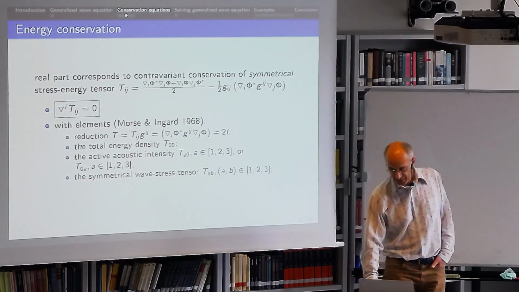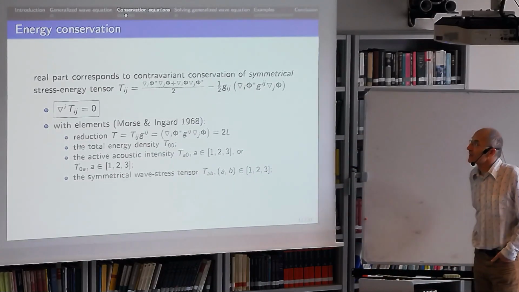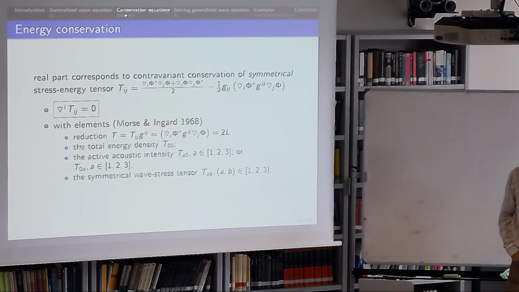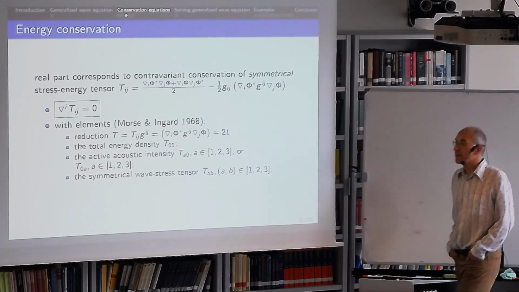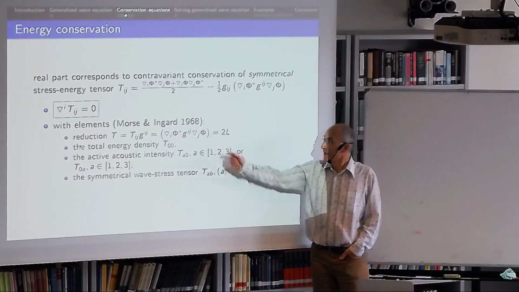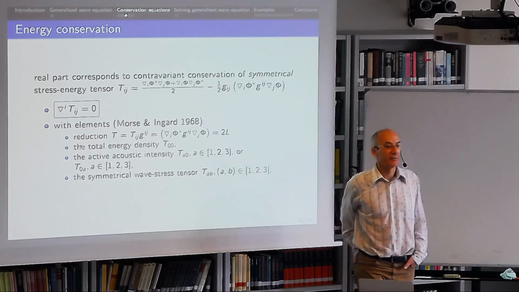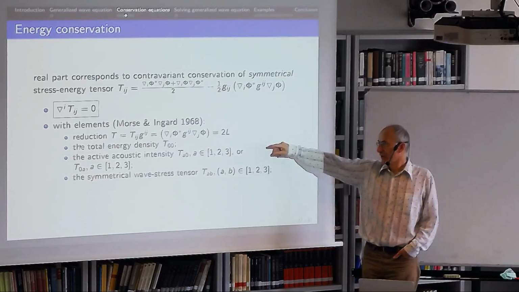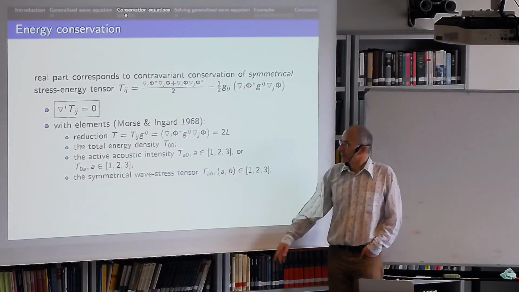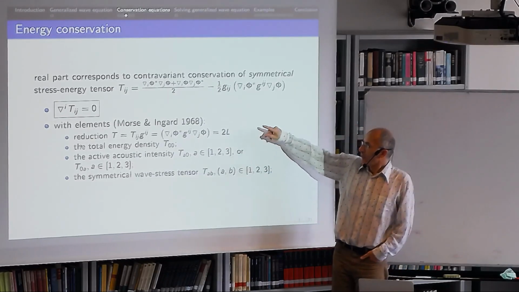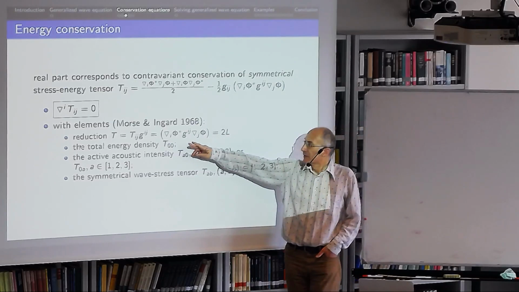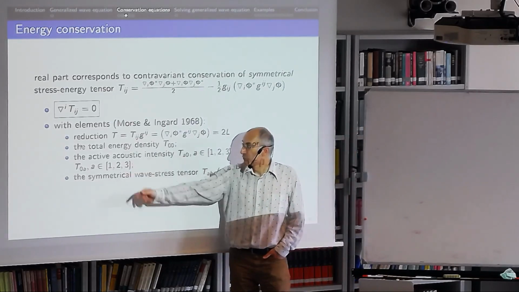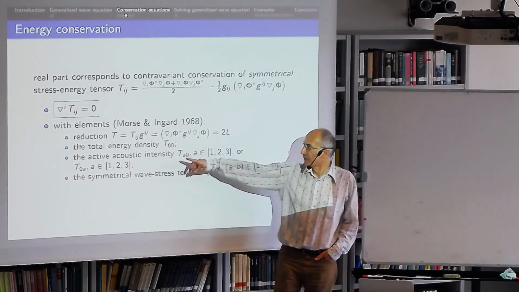So that's the idea. This conservation of energy in acoustics was already given by Morse and Ingard in '68, or even earlier, and Morse and Feshbach ten years later used it, but not in the acoustical context. So they give the names which are given by Morse and Ingard.